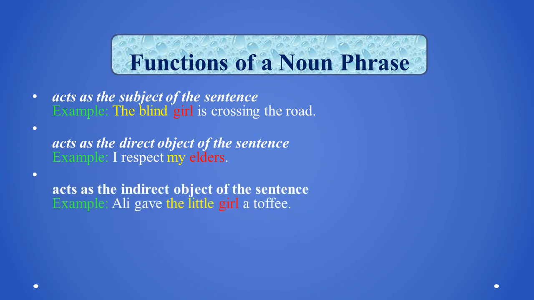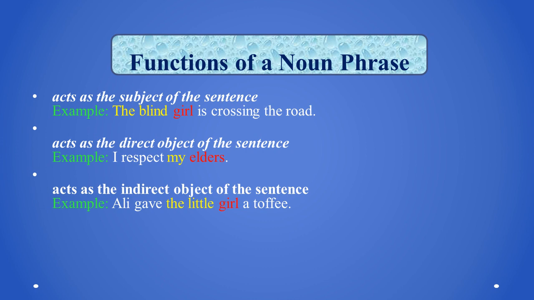It can also act as the indirect object of the sentence. In the given example, Ali gave the little girl a toffee. There are two objects in this sentence. A toffee, direct object, is a phrase. The little girl, indirect object, is also a phrase. So, both a toffee and the little girl are noun phrases. A toffee is acting as the direct object of the sentence.